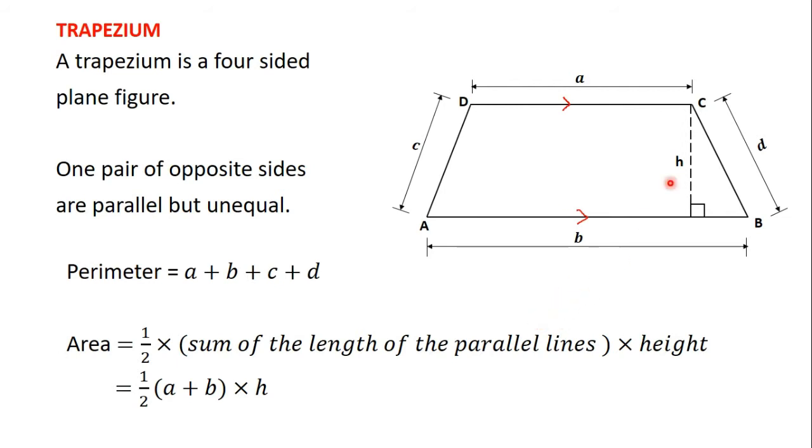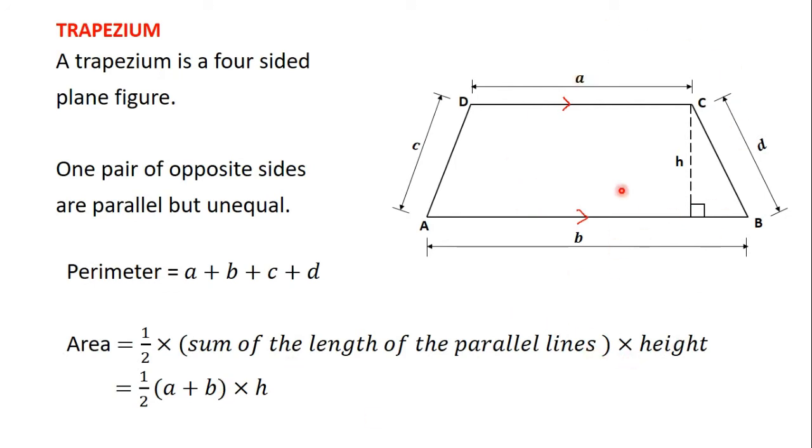The height of the trapezium is the perpendicular height, the perpendicular line drawn from DC to meet AB. So here in this diagram, H represents the height of the trapezium.